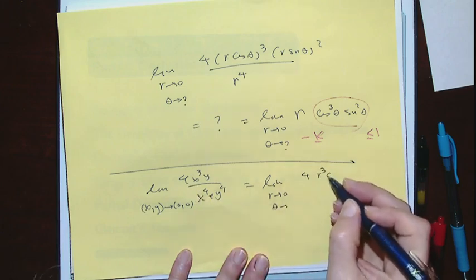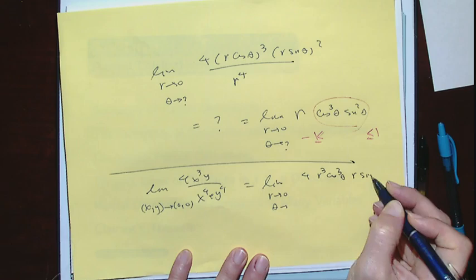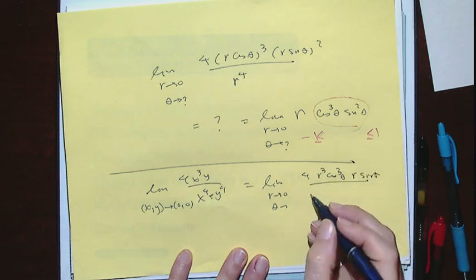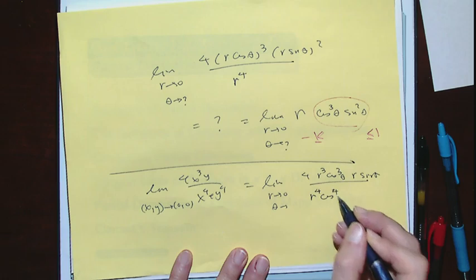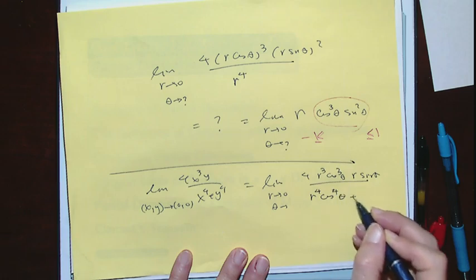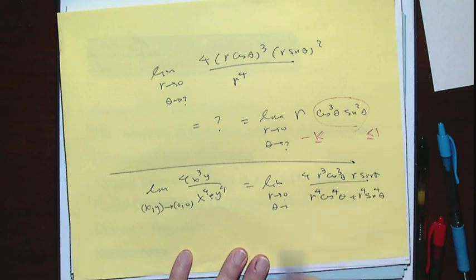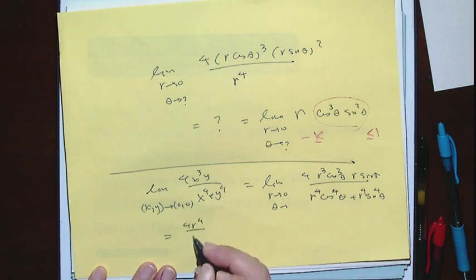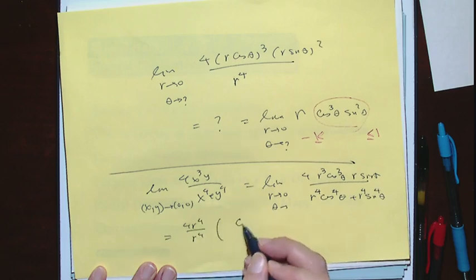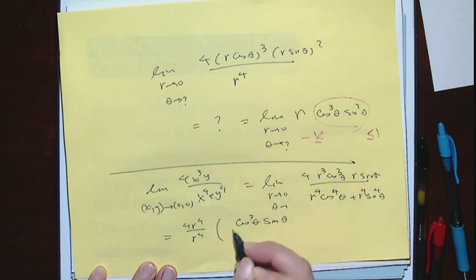I get 4 r^3 cosine^3 theta, r sine theta. What do I get in the bottom? r^4 cosine^4 theta plus r^4 sine^4 theta. Agreed? Now factor the r's out. 4 r^4 over r^4. What is left over is this.